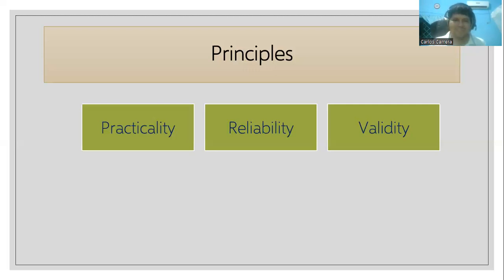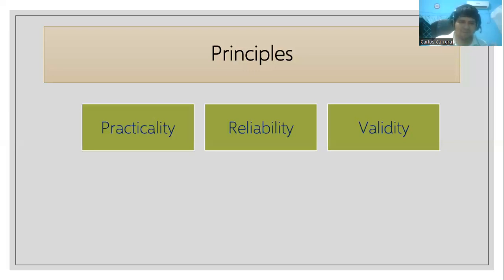Well, let's continue. Then we have the reliability. This principle refers to whether the activity or task is clear for both students and teachers. Because if by any chance we are not available to take the test or the activity, we are going to give this activity to another teacher or to another administrator.